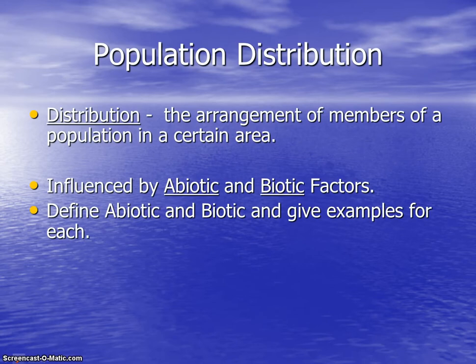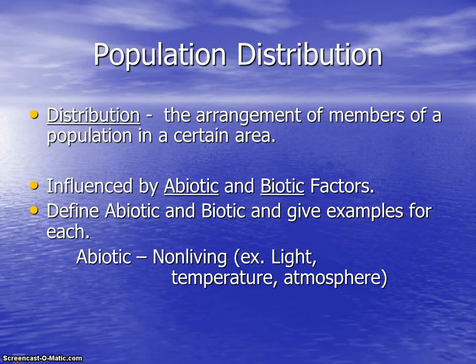How populations get distributed is always going to be influenced by abiotic and biotic factors within the environment. Okay, an abiotic factor is any type of non-living part of the environment, so the amount of sunlight, the temperature or average temperature or climate in that area, the weather in a particular area, the amount of water available.